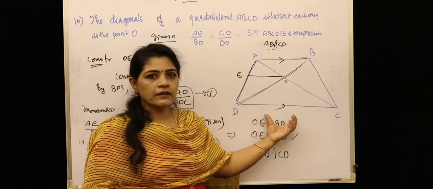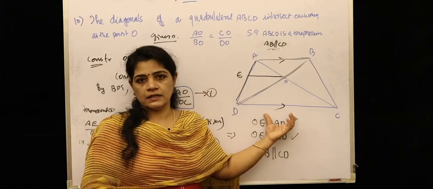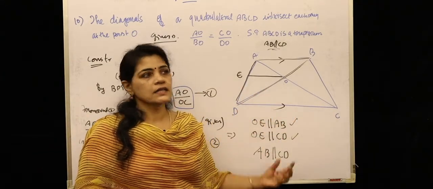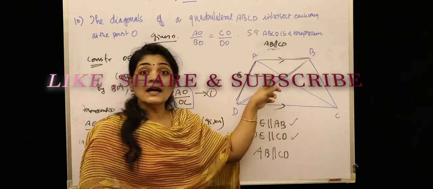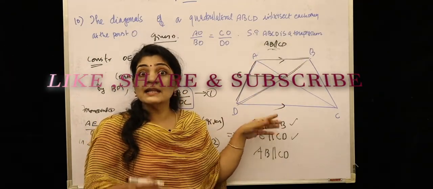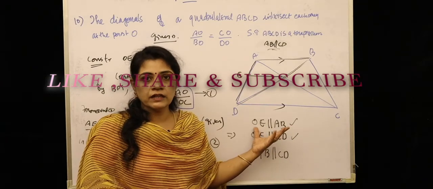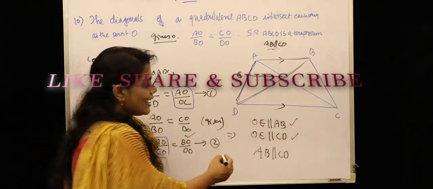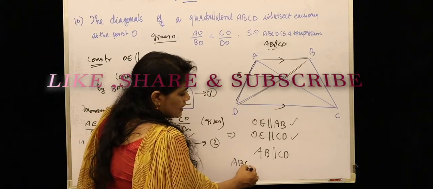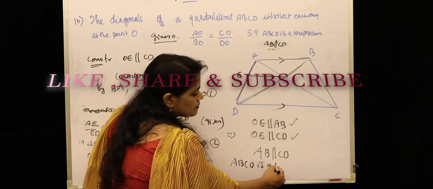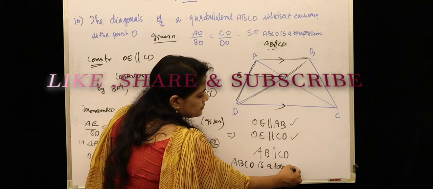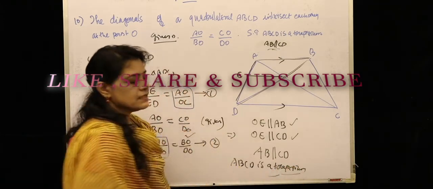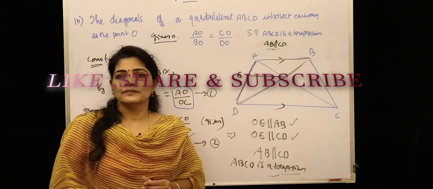See, we started with the quadrilateral ABCD, and now we have seen that AB and CD are the opposite sides and they are parallel. In that quadrilateral, these opposite sides are parallel, which means ABCD is a trapezium. This is the required proof.